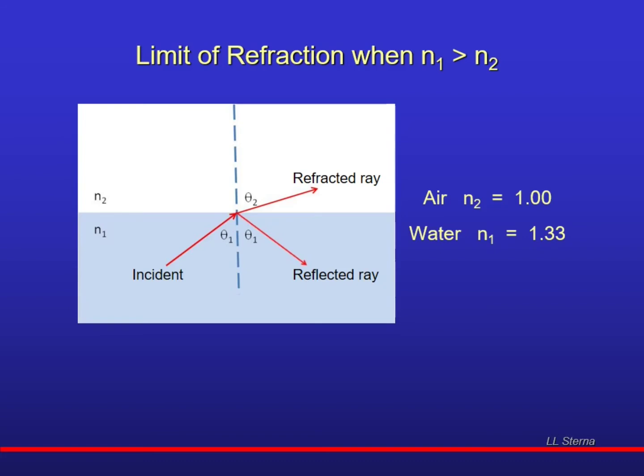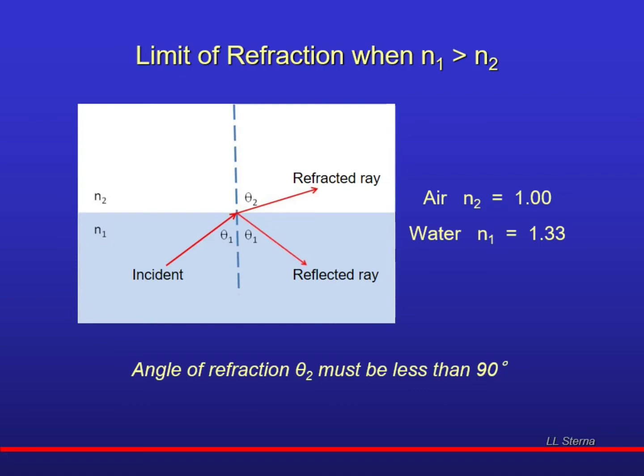Why? Refraction depends upon the fact that the velocity of light in one medium is different from the velocity of light in another medium. If the light never crossed the boundary, there could be no refraction. So what would happen when that theta 2 approached 90 degrees and the ray dipped back into the water? Theta 2 has to be less than 90.